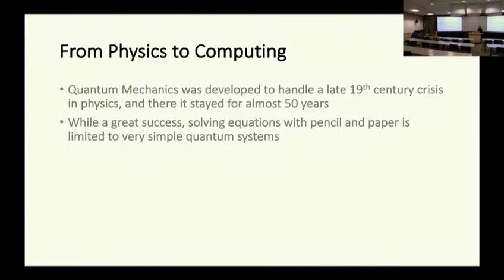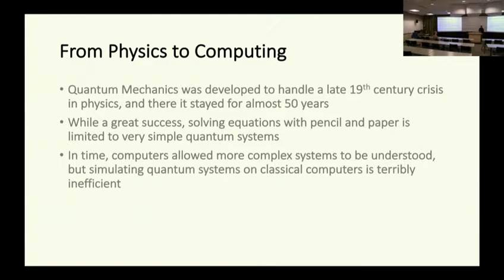But there it stayed. Also, when you solve quantum mechanics equations, the Schrödinger equation, it's very difficult to do anything practical with it for anything but the simplest quantum systems, such as the hydrogen atom, one single proton and an electron.